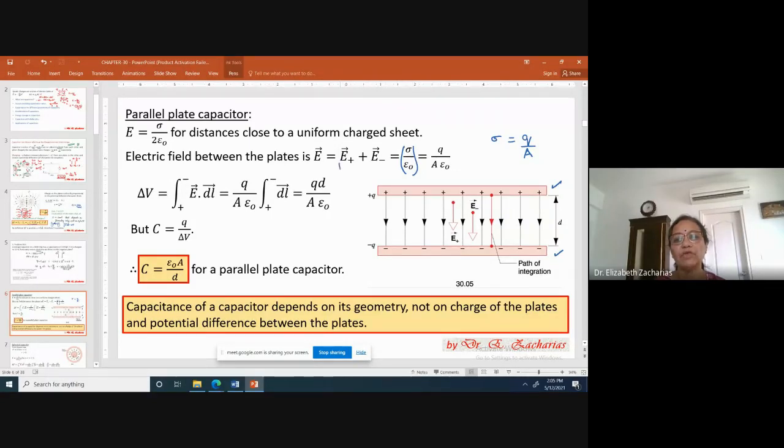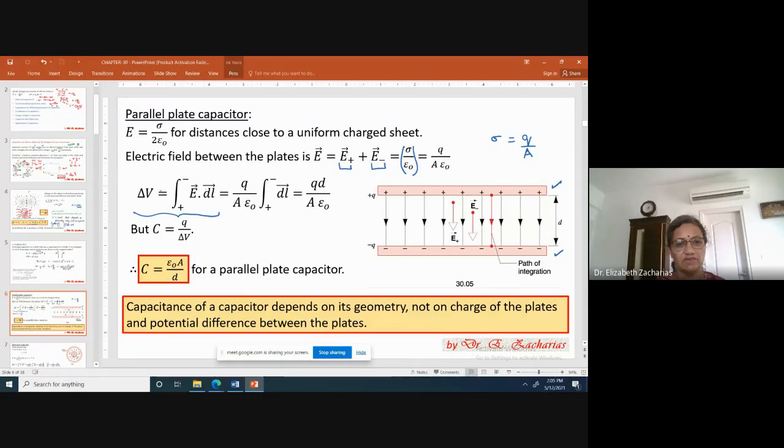It is coming from the addition of the field due to the positive plate and the field due to the negative plate. Now we are just going to take the equation that we got in the previous page. Potential difference is the integral of E dot dl, where the integration is from plus to minus.